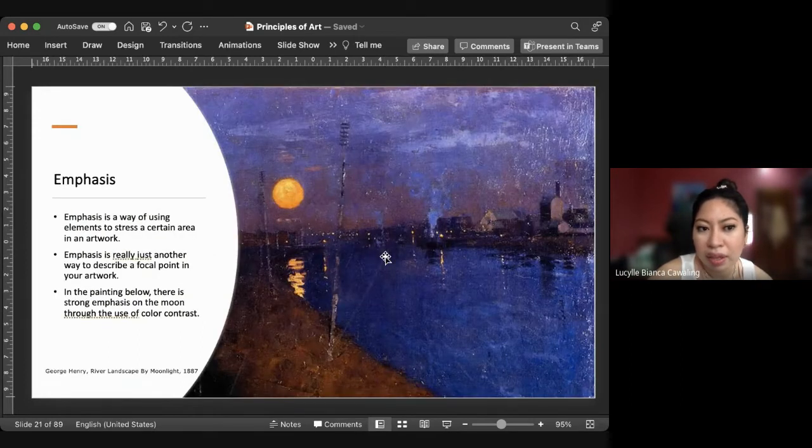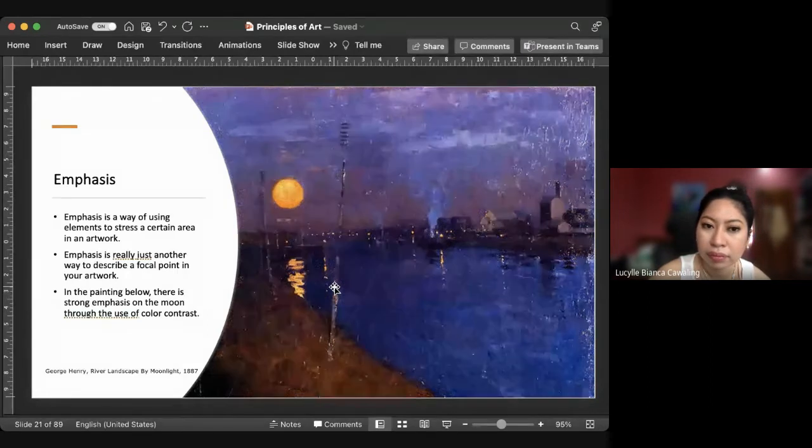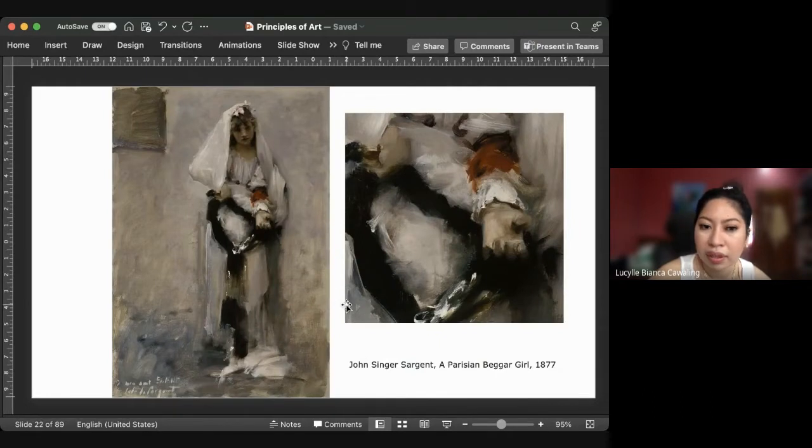And then you also have to look at this one. There is also a color contrast here, and that it gives the emphasis on this moon here. And then you also can play with the light or the values of color.